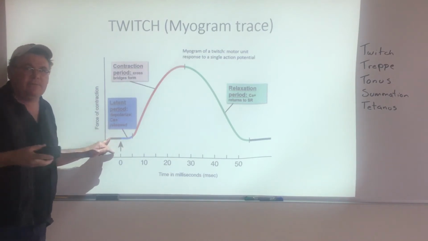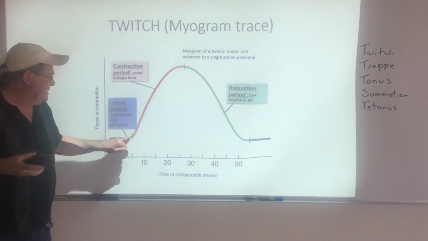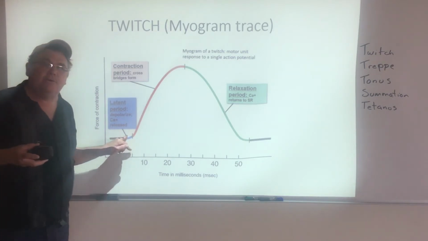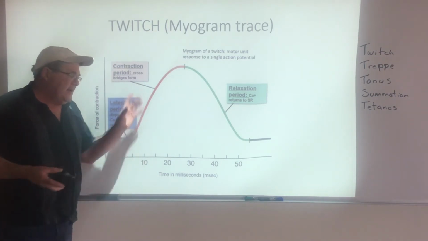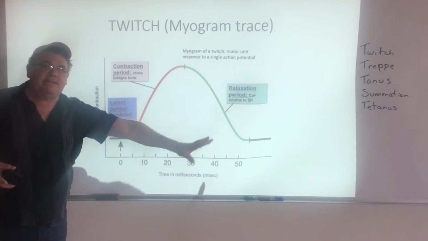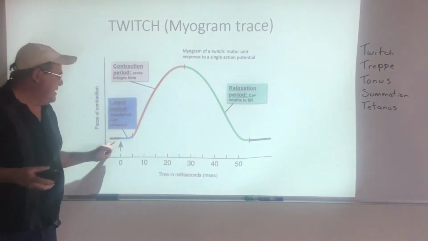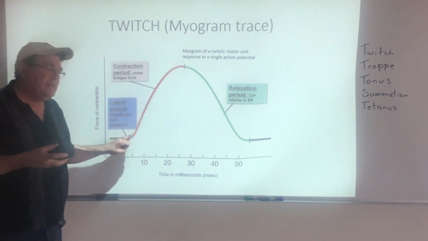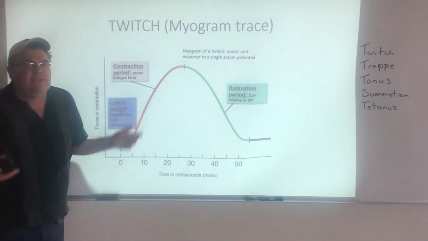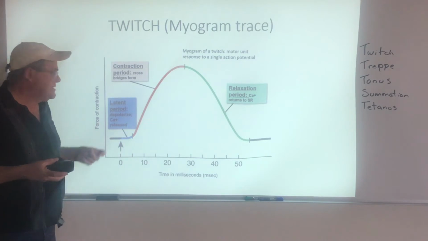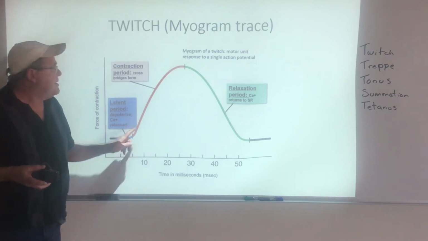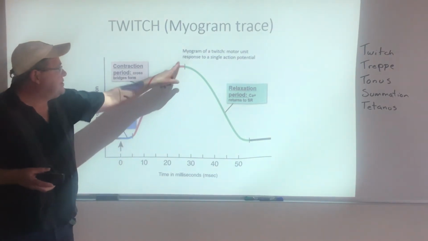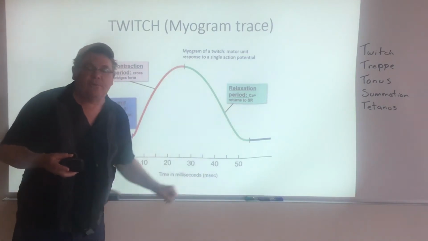You stimulate the muscle, the calcium has to release, grab onto the TnC, and pull. So there's typically about a 5 millisecond latent period where you stimulate it and nothing happens. But then we go through contraction, and then we go through relaxation.